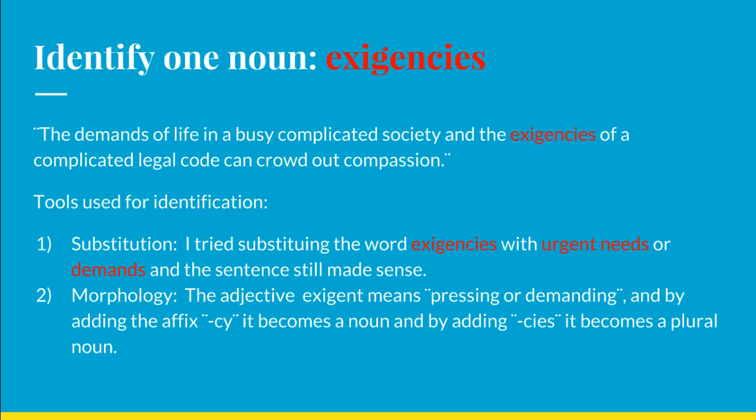I tried substituting the word exigencies with urgent needs or demands, and the sentence still made sense. I also tried using morphology, which worked because I looked at the adjective exigent, which means pressing or demanding. I added the affix cy, and it becomes a noun by adding cies, and it becomes a plural noun.